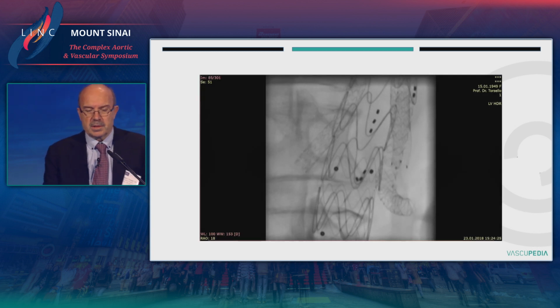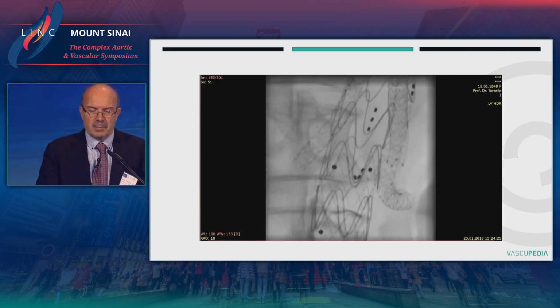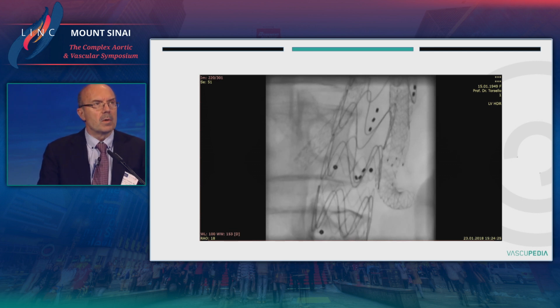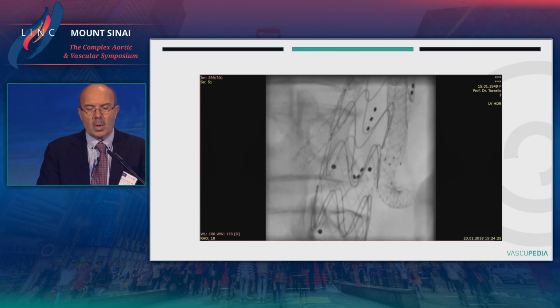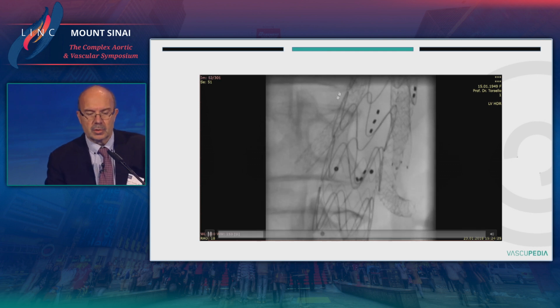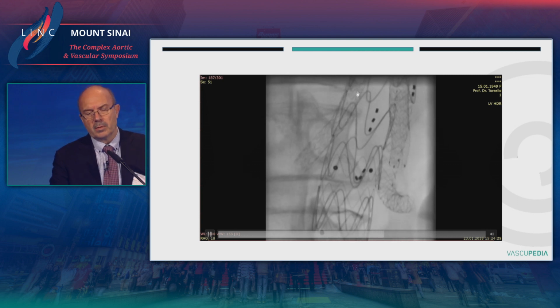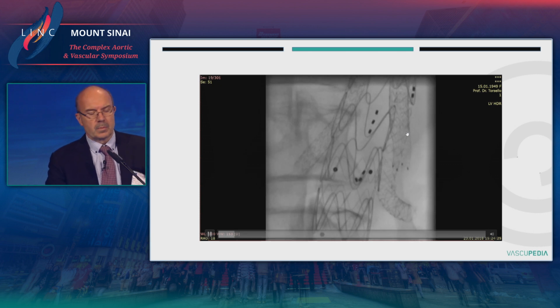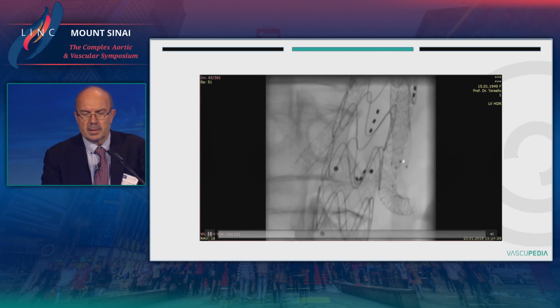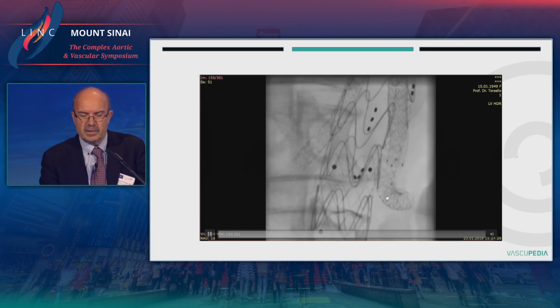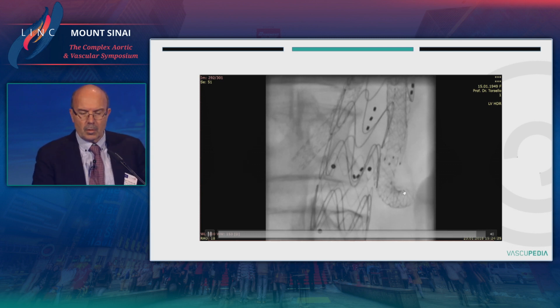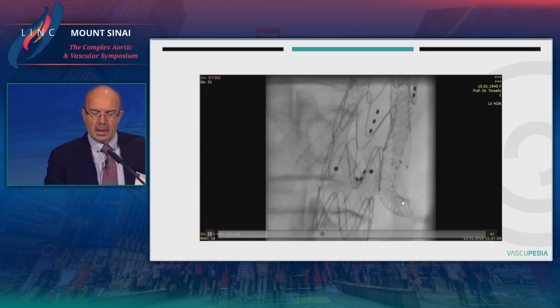This picture is, for me, very impressive because it was done in a patient who had three different solutions. One with the stiff balloon expandable stent, one with a combination with the Smart stent inside, and here the VBX, and you see how beautifully these grafts combine well with the movement of the kidney.